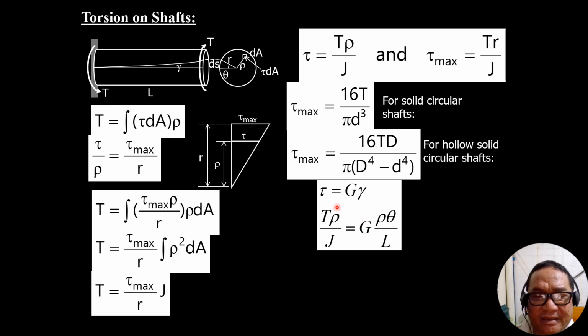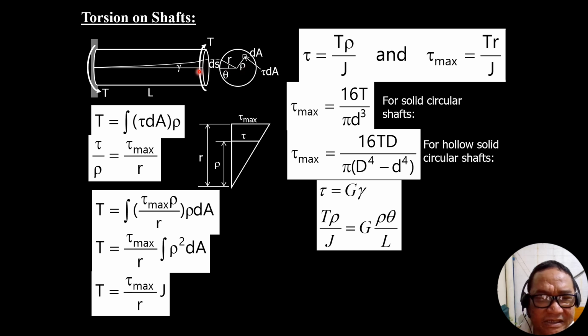Replacing this shear stress by torque rho over J, remember from above, we have G, and the shear strain from this expression here: if the radius is rho, then this displacement is radius rho times theta.